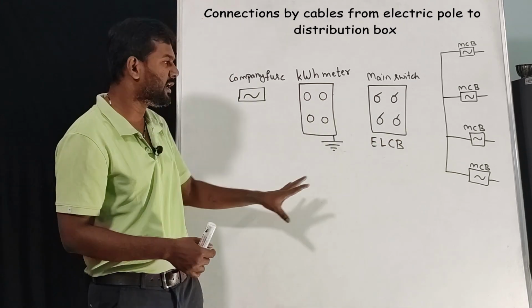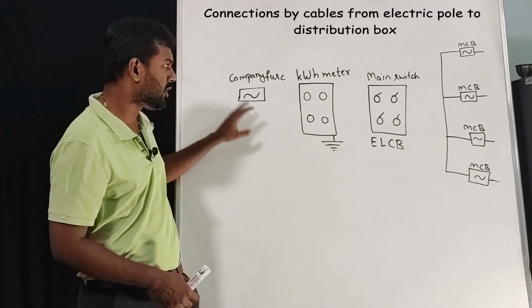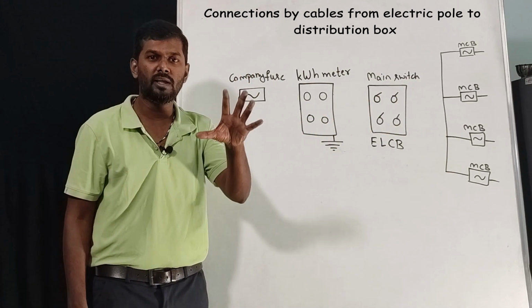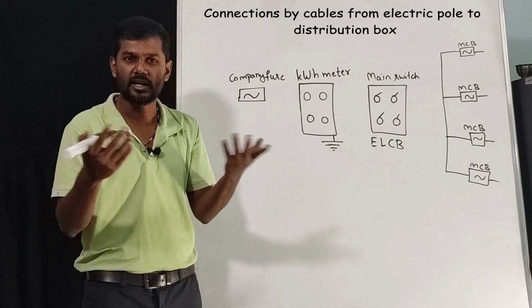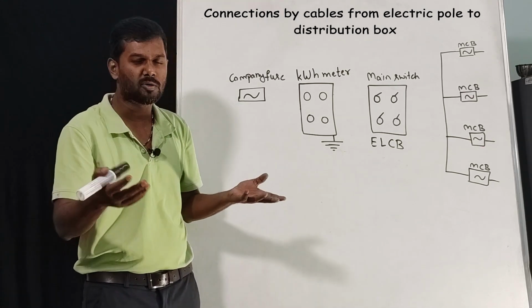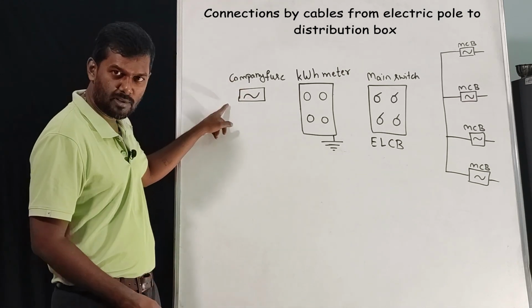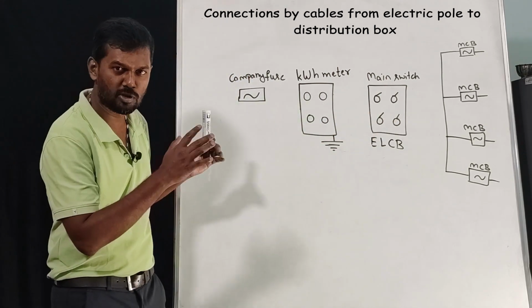This is the complete connection of one building from the starting point to the different houses of the same building. We know in one building there are different houses, given for rent or lease, or used for their own purpose. The connection to a building from that point to different houses in the same building we are going to learn.